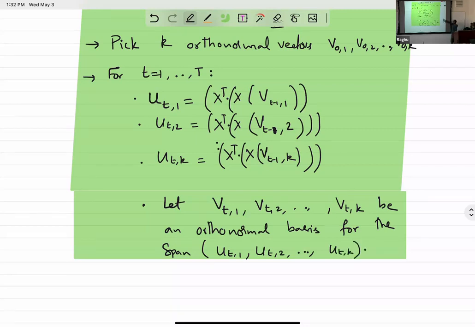So you're doing a power iteration for all k in parallel, and then you find an orthonormal basis for them, and then do the same thing again. So this also works. It's less clear from our analysis, but you can show that this also works to find the top k singular vectors instead of peeling them one after the other. Okay, does the algorithm make sense?